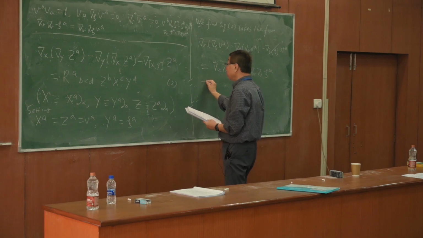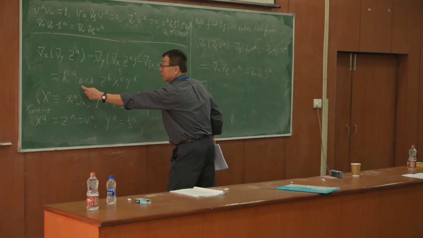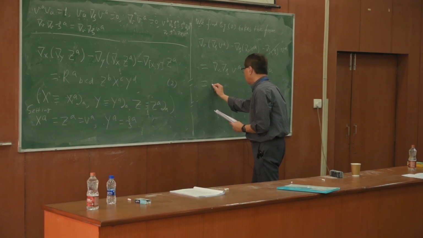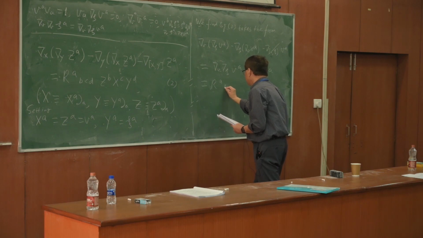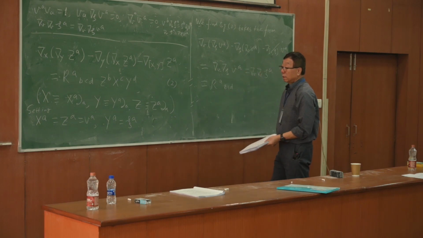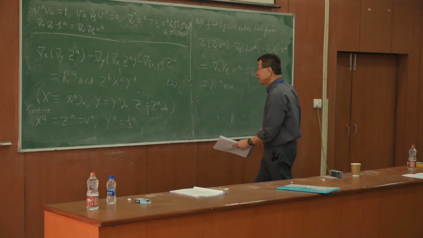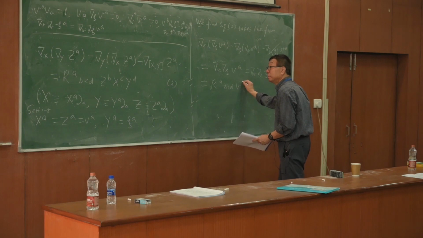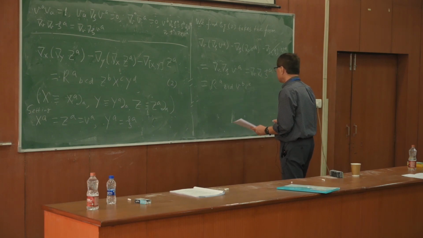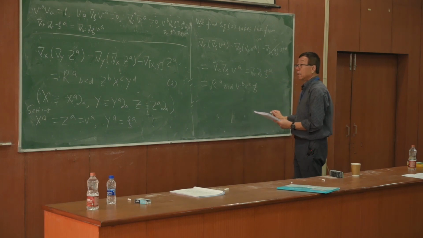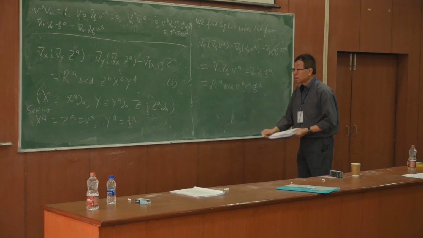This is one side, and this is another side here, you can see it equals R A B C D. Now Z equals V, S equals V. So V B V C, side D, correct?